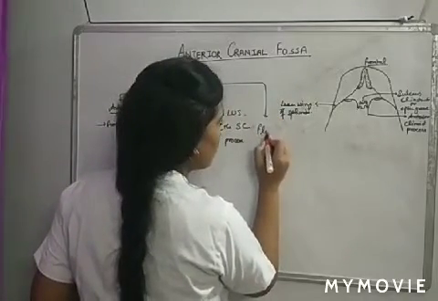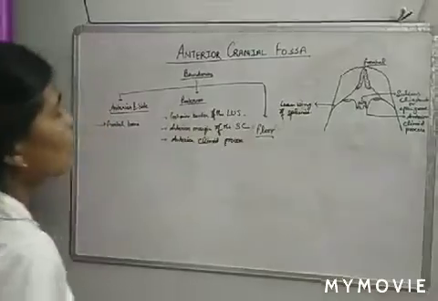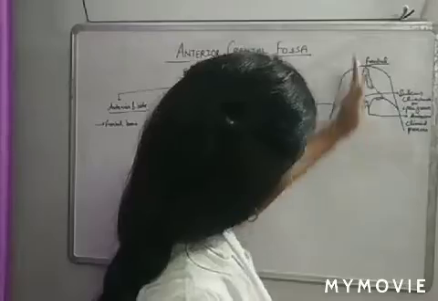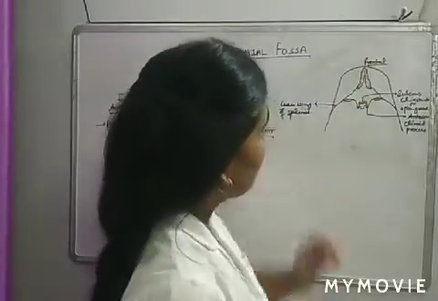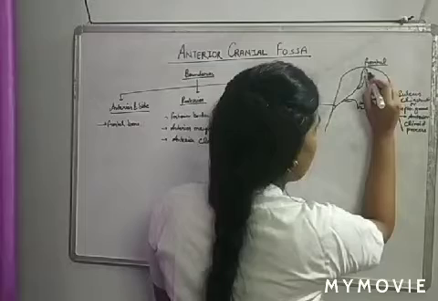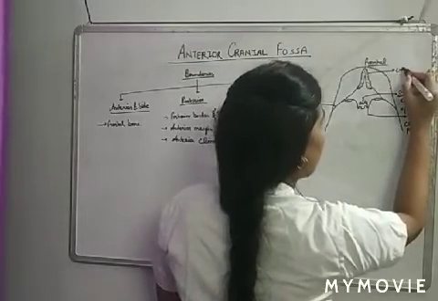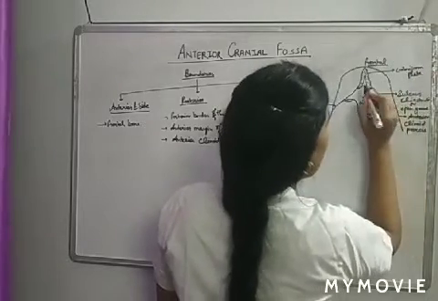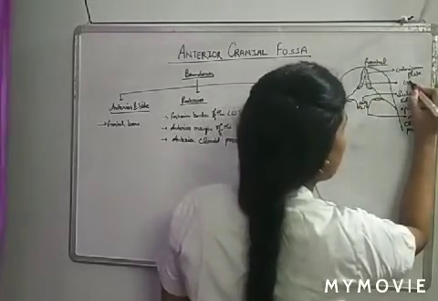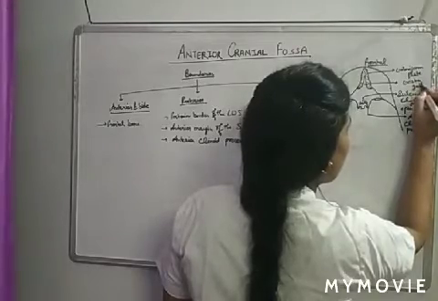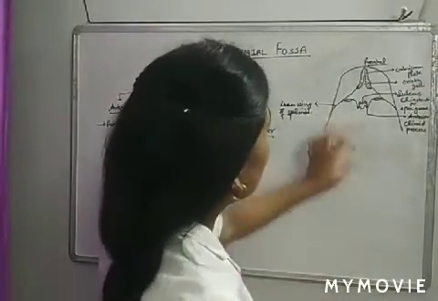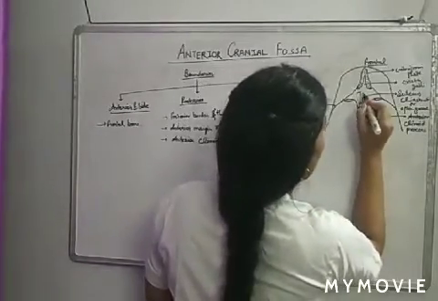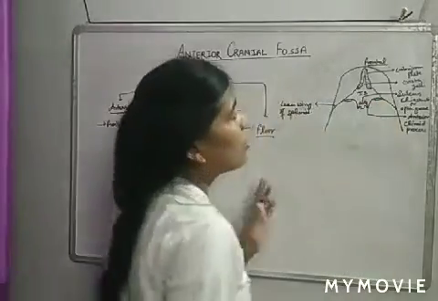Floor. Medially, in the median plane, the floor is formed by the cribriform plate, crista galli, and the anterior part of the body of the sphenoid, that is the jugum sphenoidale.